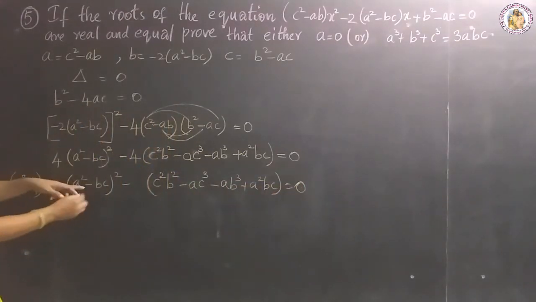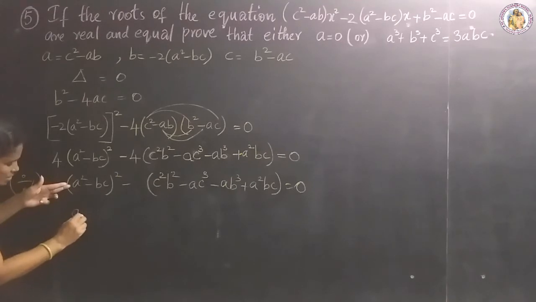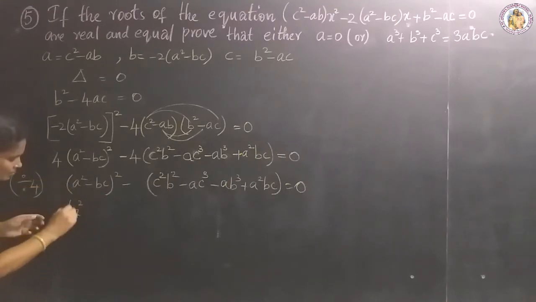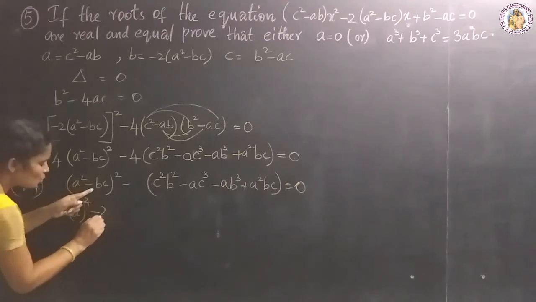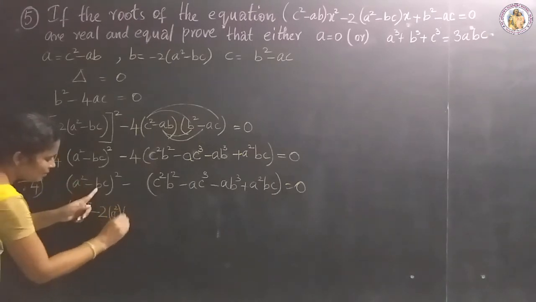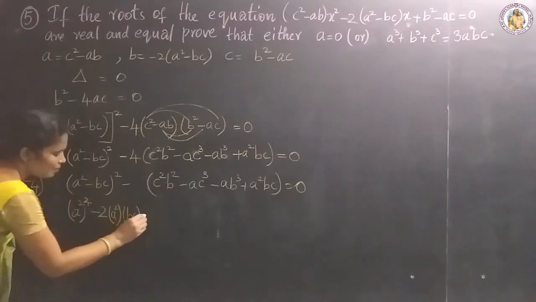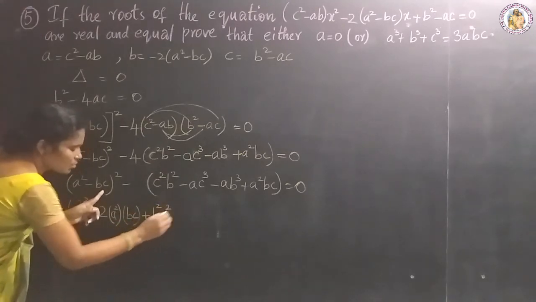And in the next step, a² − bc, that is (a − b) whole square, (a − b)² is a² − 2ab plus b², that is b² and c².